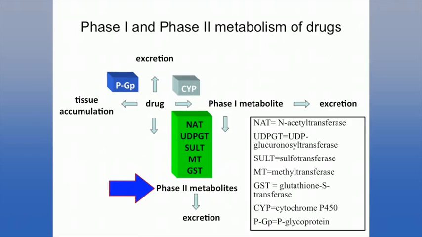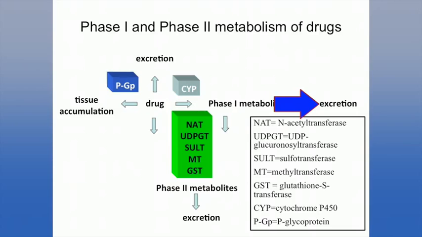So the drug subjected to phase 1 biotransformation, i.e. oxidation, the cytochrome P450 system, those oxidative enzymes, are responsible for converting the drug into a phase 1 metabolite, with the idea being that the drug is now in a more excretable form and can undergo that process efficiently.